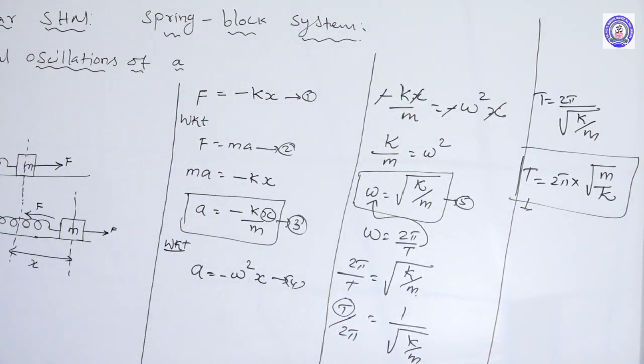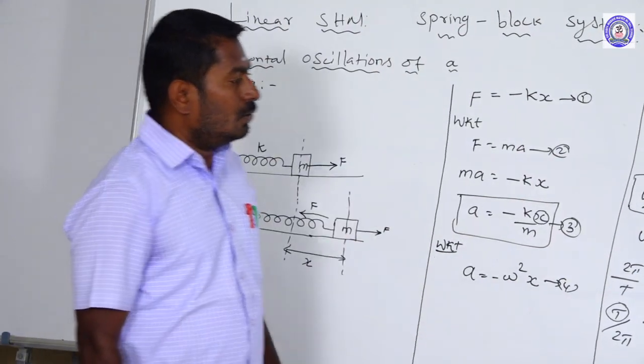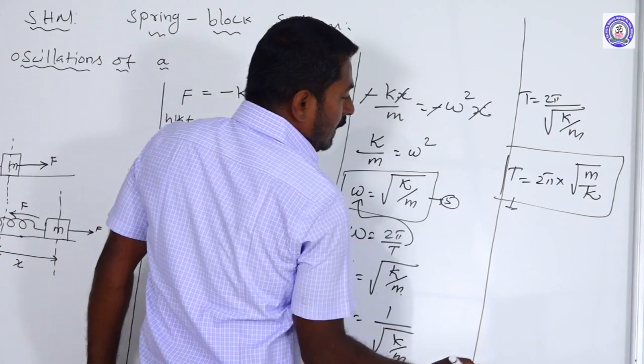The time period in horizontal oscillations of a spring block system, T, is equal to 2 pi into the square root of M divided by K.